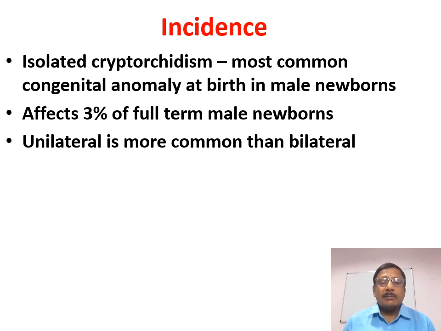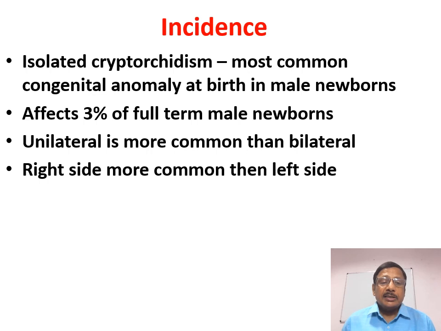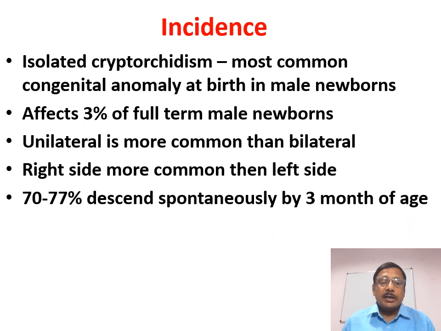Unilateral is more common than bilateral, because when it is bilateral and intra-abdominal, it is more so known as cryptorchid testis. The right side is more common than the left side, that is the incidence. And in 70 to 77%, it spontaneously descends by 3 months of age.